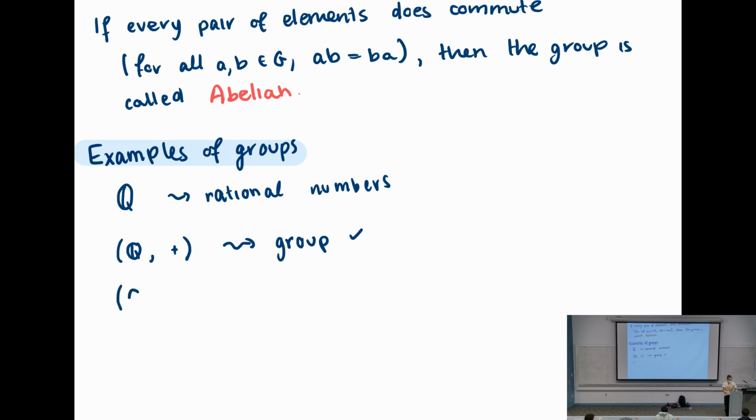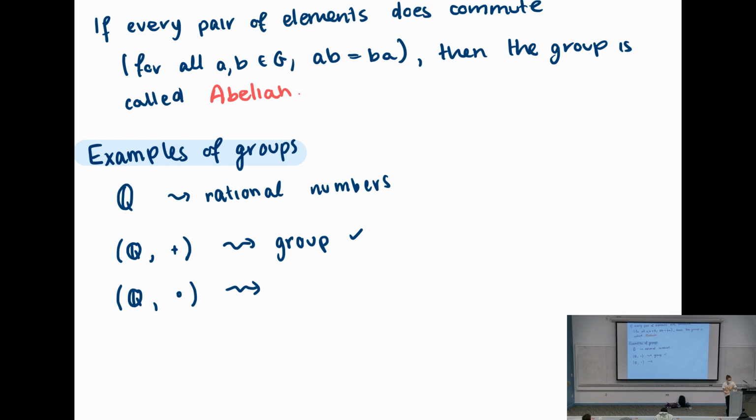If you look at the rational numbers together with multiplication, we run into a problem. So what is the problem? Yeah, so in this group, now the identity is 1 because we're looking at multiplication.